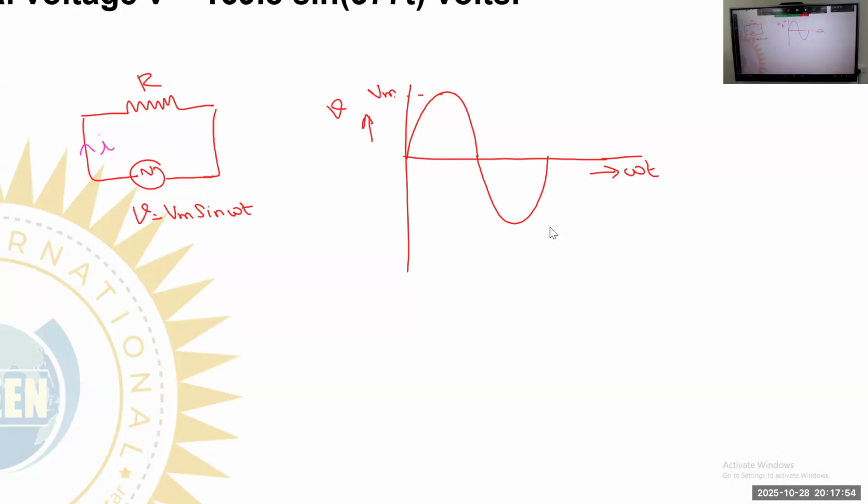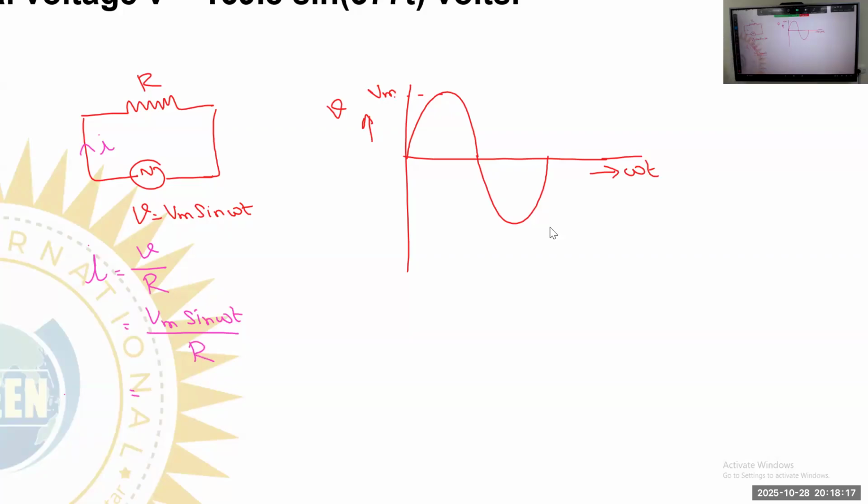How much current is flowing? The current I. How to find the current I? By using Ohm's law, I is equal to V by R. What is V? V is equal to Vm sin omega t, so I is Vm sin omega t by R.